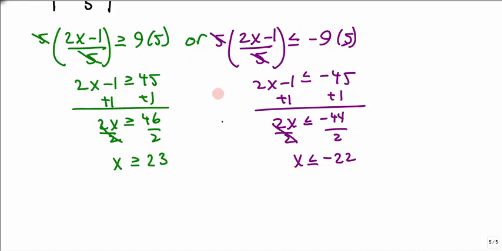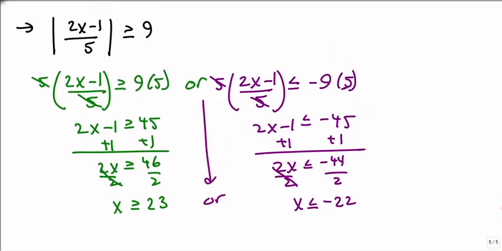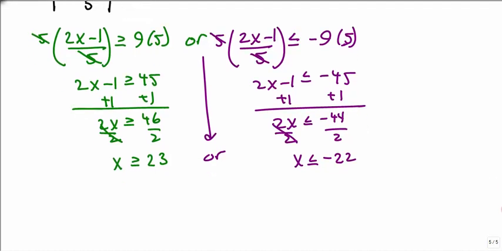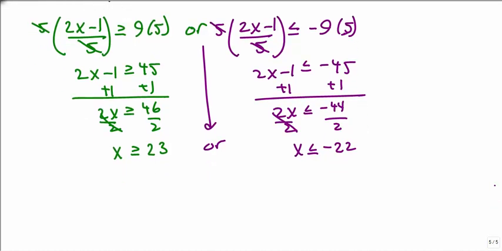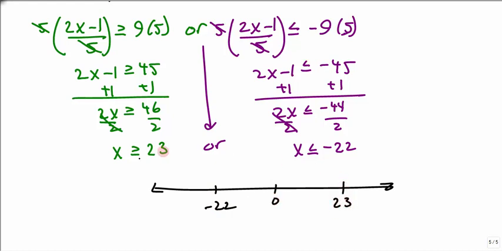Now remember, this is an OR. And I remember that because our original problem was greater than, and greater than has an R, so that's the OR case. Let's go ahead and put these on a number line, and then we'll put our solution in interval notation. So here's negative 22, here's 0, and 23. This is greater than or equal to 23, so that's a bracket because I have equality.